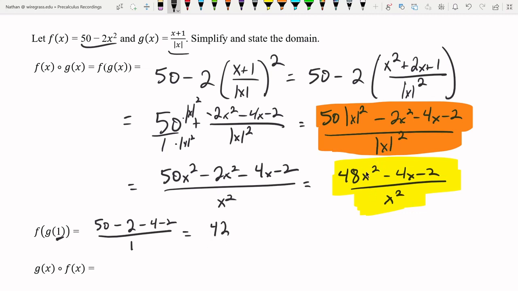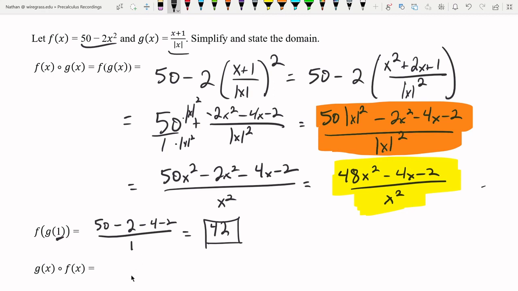Now for this one, plugging in, 1 squared is 1 times 48 is 48. 48 minus 4 minus 2 is 42, divided by 1 squared is also 42. So we get 42 both ways. In any regard, f of g of 1 is 42.